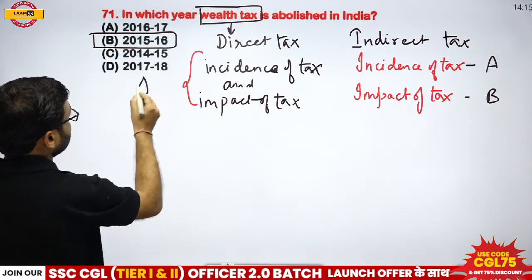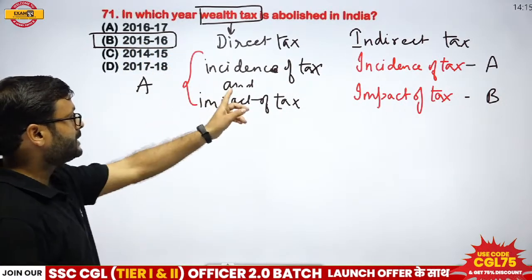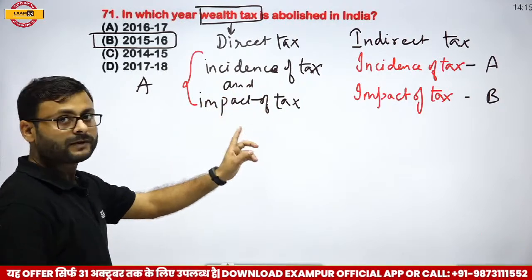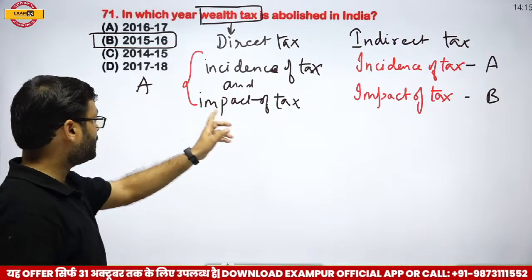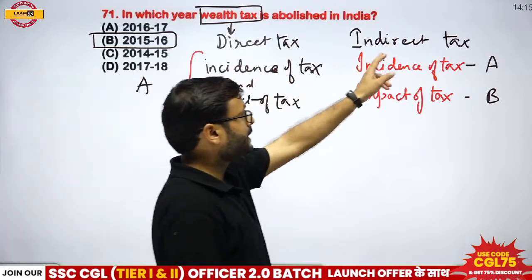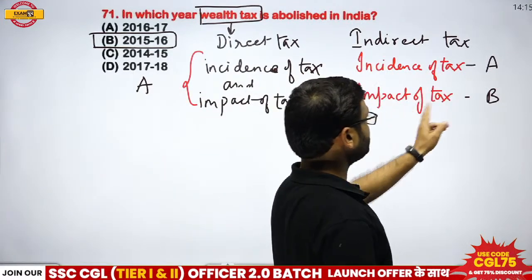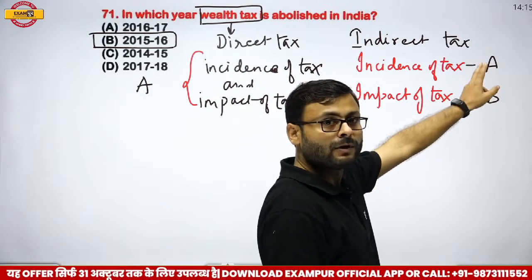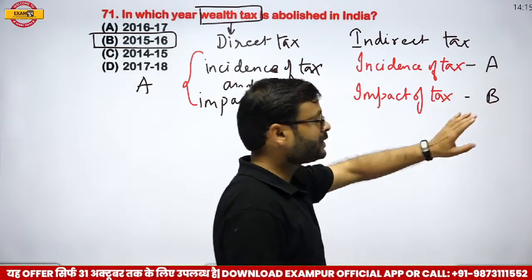Okay. So in the kind of direct tax, both the incidence of tax and impact of tax are impacting the income of A, but in the kind of indirect tax, incidence of tax and impact of tax is impacting the income of A and also the income of B.